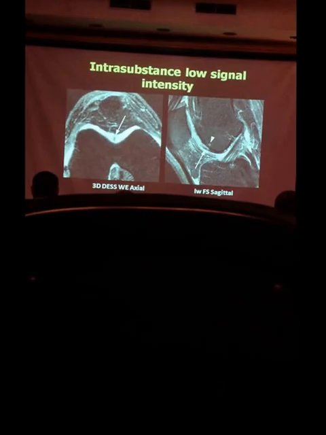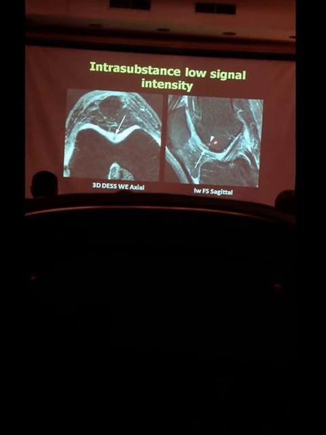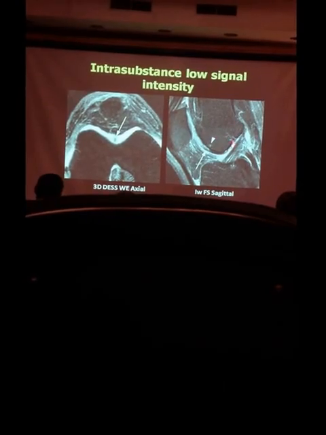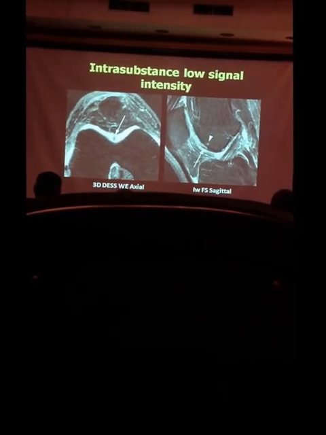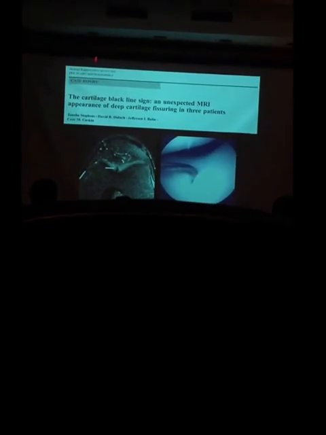This is very difficult. Sometimes we can see, like in this example, the same knee, an axial view and a sagittal view. We have some subchondral bone marrow changes, like this subchondral bone marrow edema-like change, just adjacent to that low signal intensity. And when I see that, I am more confident to call cartilage pathology in those cases. But when we don't see that, it's a problem. Two papers were recently published in Skeletal Radiology, the journal presented by Dr. Crema.